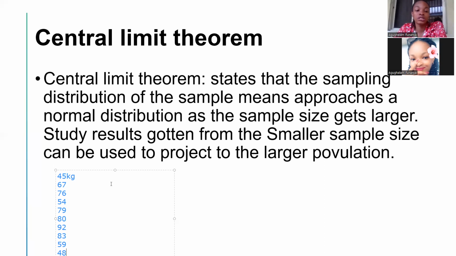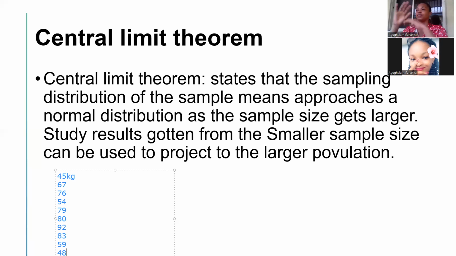So when you do this, statistics tells us that when you do this random sampling 30 times, it approaches a normal distribution. And this gets better when your sample size is larger. So that's the way the average blood pressure of 140/90 is.